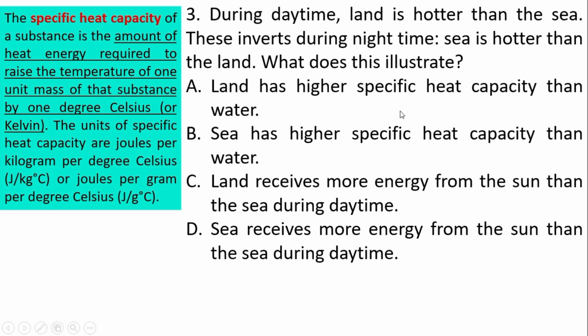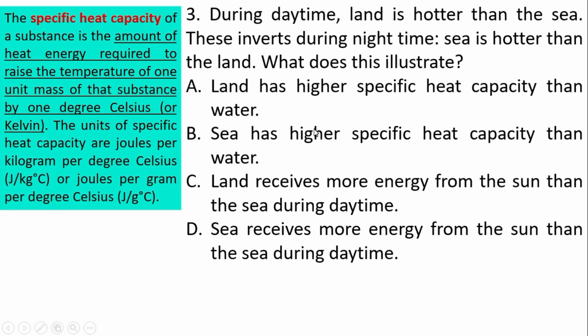Water, or the sea here, has a higher specific heat capacity compared to land. That means, because of its high specific heat capacity, it requires more energy for water to raise its temperature by 1 degree. So if exposed to the sun during daytime, water takes longer to heat up compared to soil.